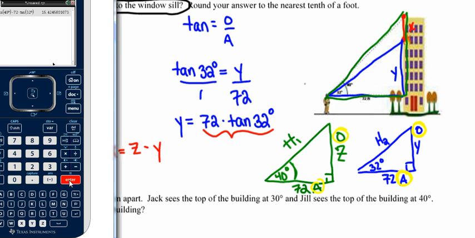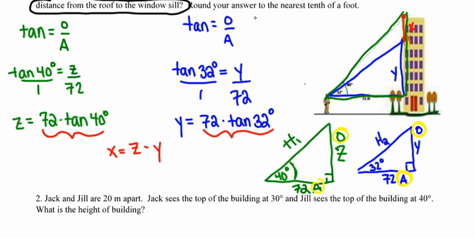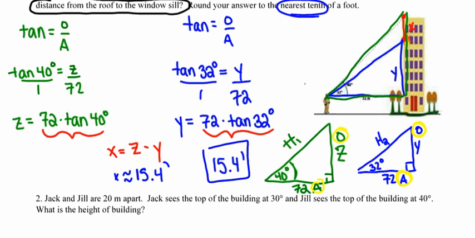And then I want to make sure that I read and follow directions. They're telling me in this particular question to round our answer to the nearest tenth of a foot. So when I round that answer to the nearest tenth of a foot, I end up with 15.4 feet. And I should here use my about equal to, because this is our rounded value. So my answer here, 15.4 feet.